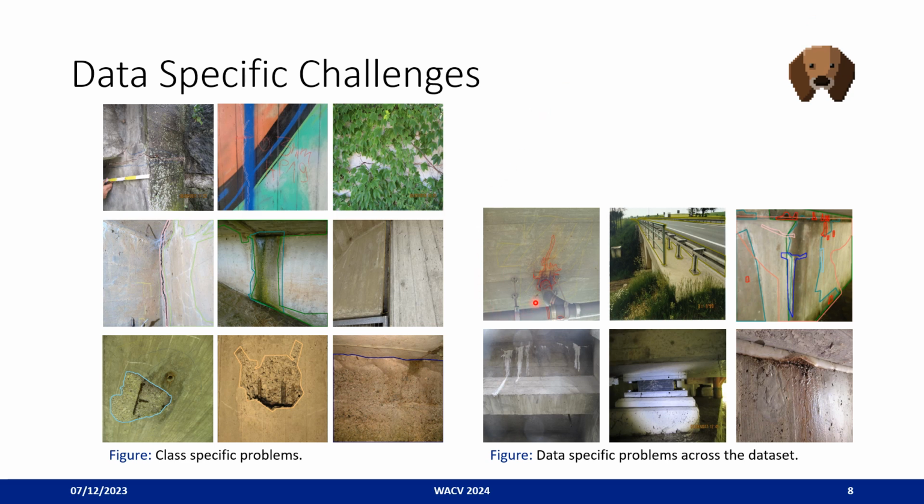Here we can see that there is no clear border of the defect rust, and the class protective equipment here is stretched from fore to background, and here you can see many overlapping classes with partially low contrast like the border on the hatching of the hollow area in pale red, and the efflorescence in dark blue next to the bright, dry and healthy concrete surface. Here you can see different problems regarding the image quality. You can see lens flares, partial overexposure due to flashlight and sunlight.